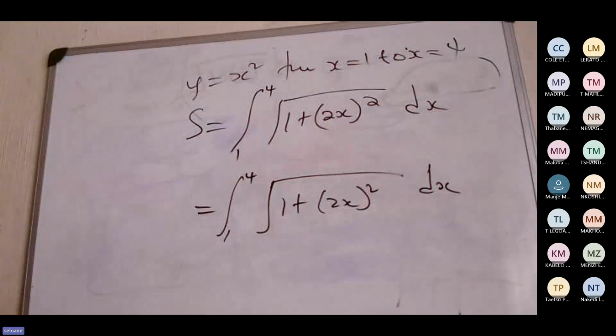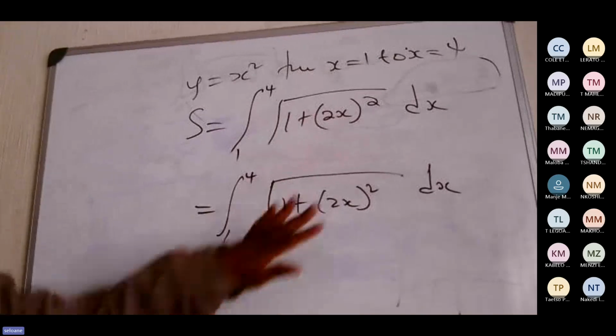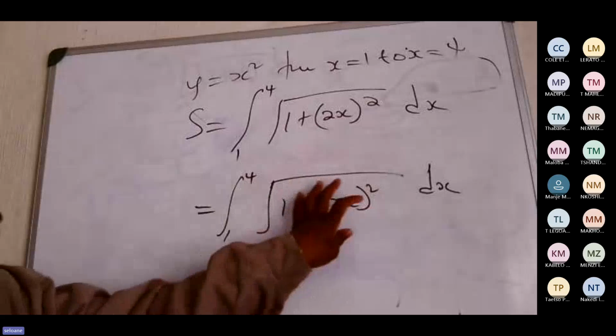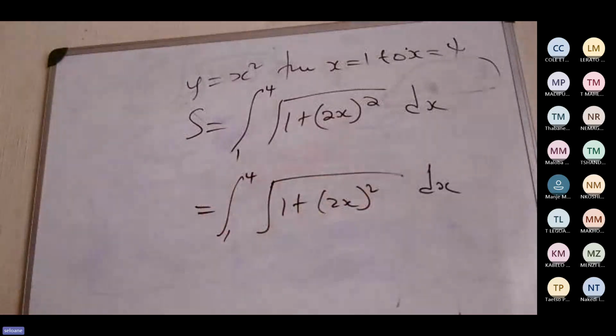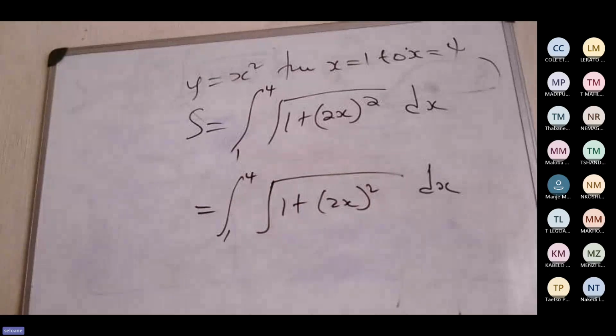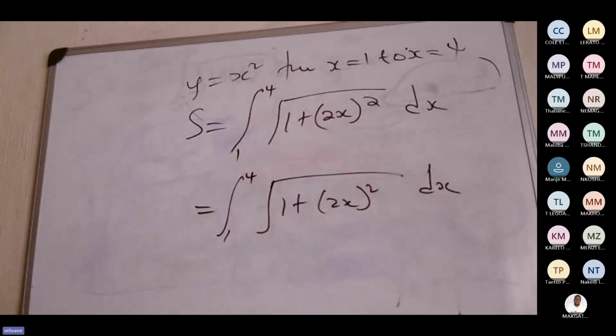Then you can see that if I say this is my f, if I choose everything inside the square root sign as f, then you will be using the general power rule, which we saw can work.